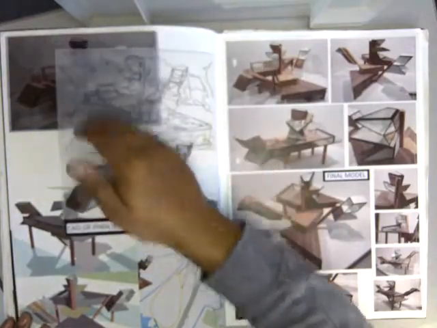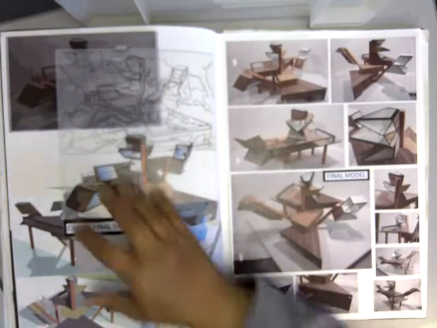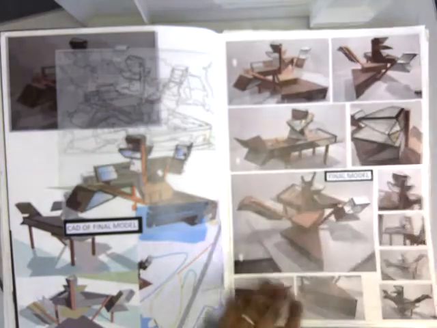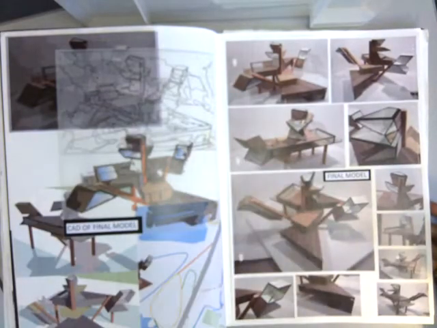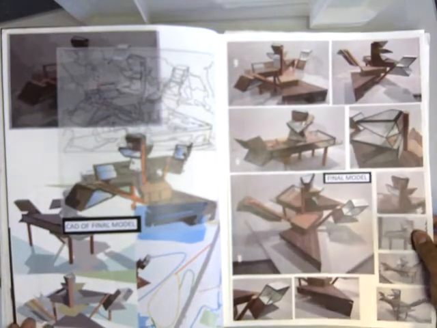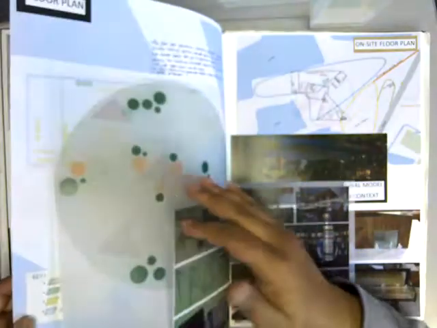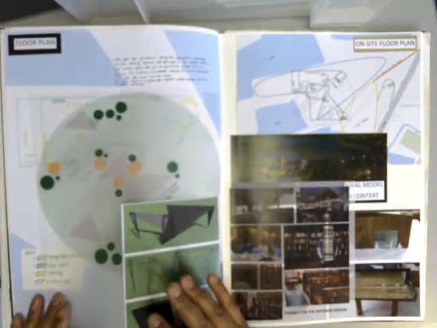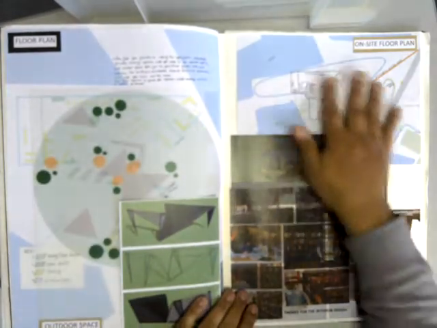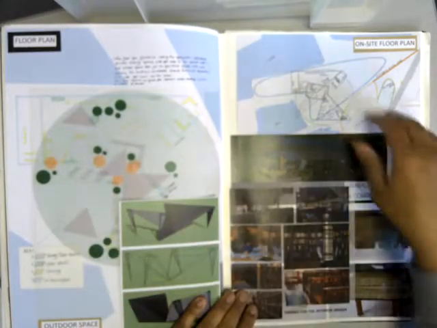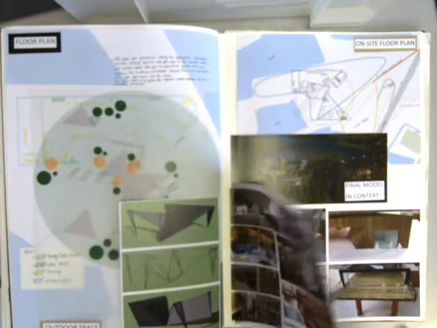And then finally moving on to the final presentation, a lovely CAD model to represent the idea here with her model showing her range of materials, her range of techniques as well. And then a final floor plan as well showing that. And then representation of the site and how the idea relates to that, showing final context as well in terms of how her model relates to her personal study.